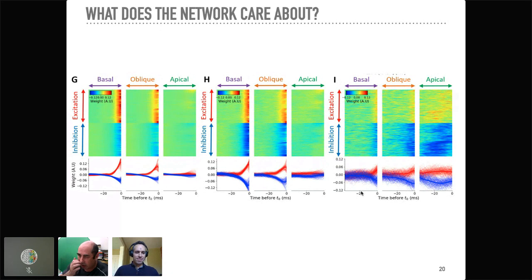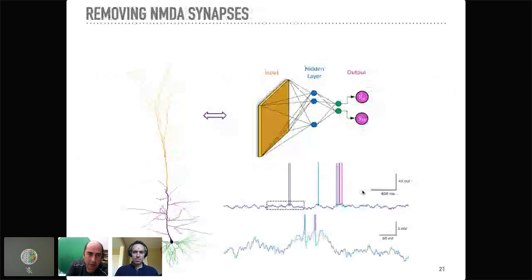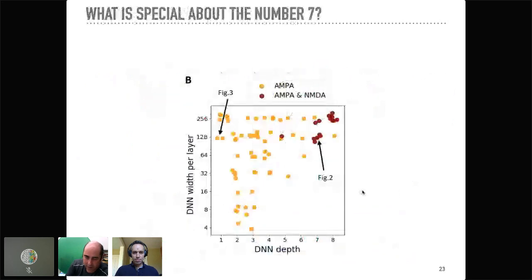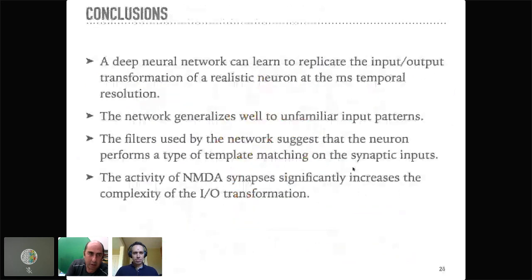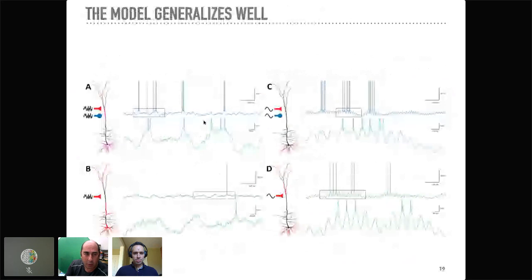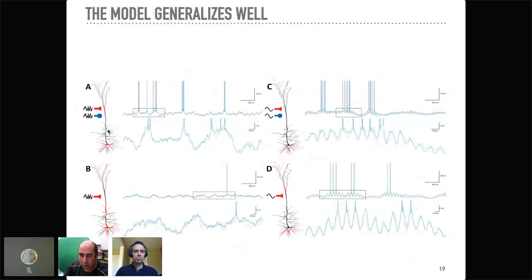What we did do, but I don't remember the answer, but I can look for it, is the case where we limit the inputs only to the basal dendrite, then to the basal and oblique, then to the whole neuron.